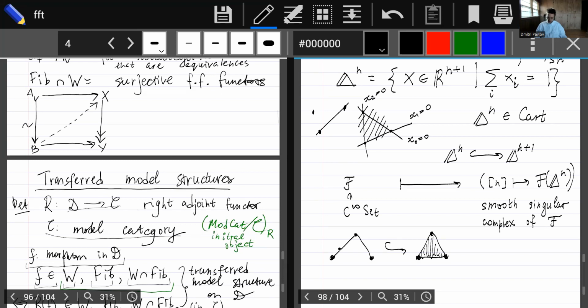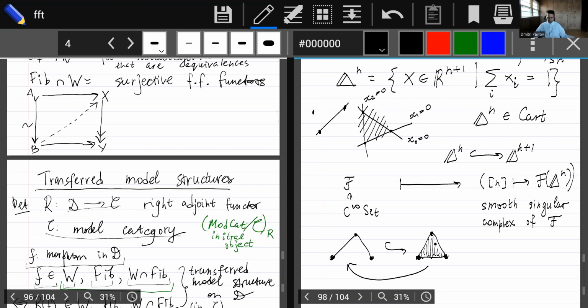So this map includes these two sides, and it has a retraction which keeps these two sides unchanged and projects, so to say, everything in the vertical direction. And this map is not smooth, so such a trick will not work in the smooth case, which makes the theory different.